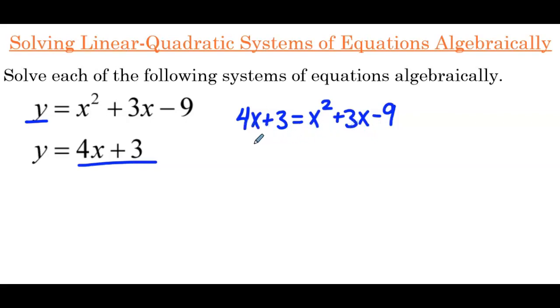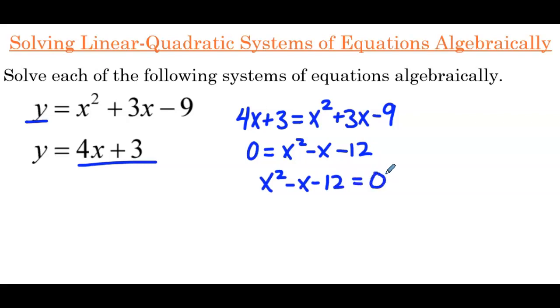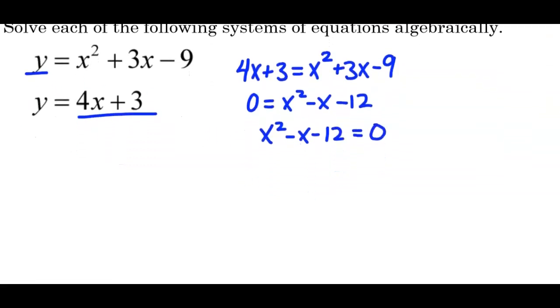We can move everything to one side so that the equation equals 0. Subtracting 4x gives us minus x, subtracting 3 gives us negative 12. I'm going to rewrite that as x squared minus x minus 12 equals 0, so it looks more familiar.